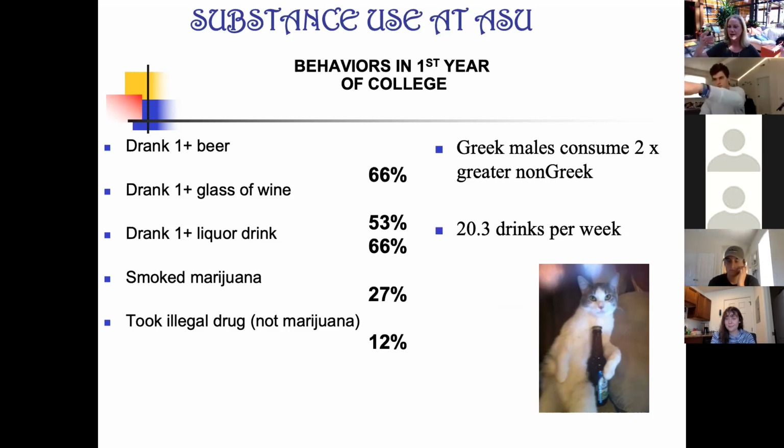A lot of times at a party, the drink magically refills. Somebody helps you refill that drink. It is much harder to keep track of an open glass than it is, say, cans or bottles. So there are some things that can be done at parties to try to reduce the harm.